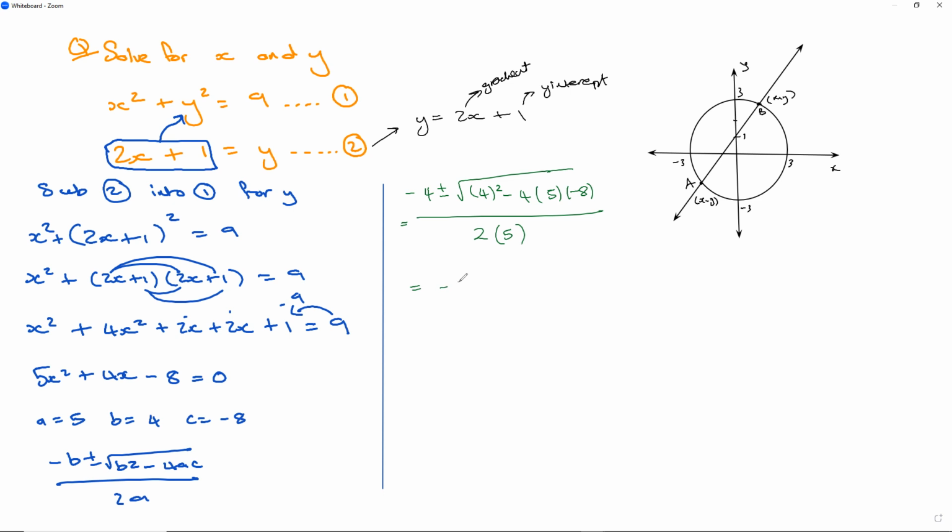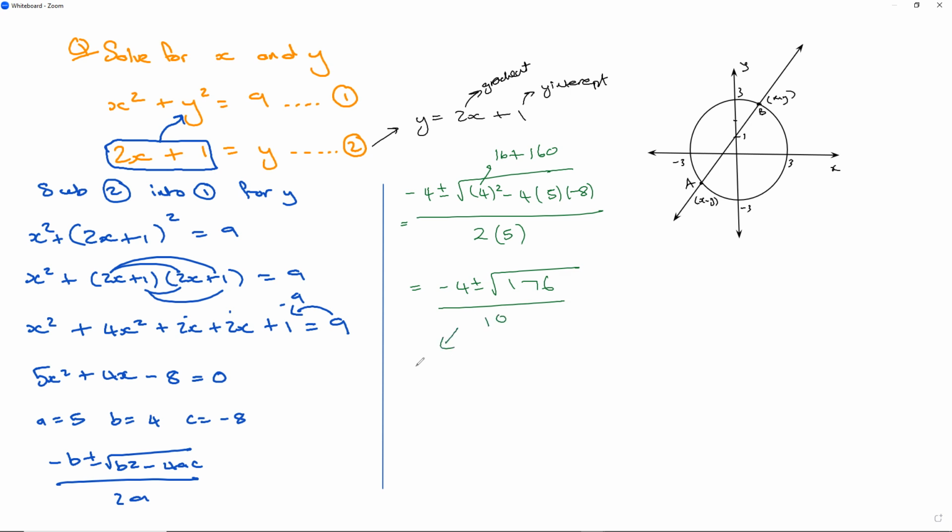So that becomes minus 4 plus or minus the square root. This is 16. These two signs become plus. 4 times 5 is 20. 20 times 8 is 160. So 160 plus 16 is 176, over 2 times 5, which is 10.